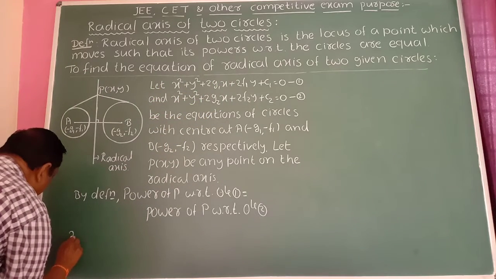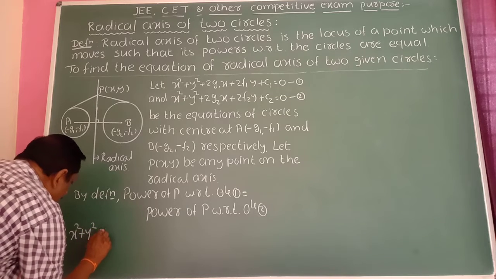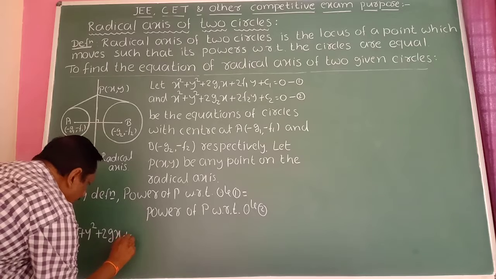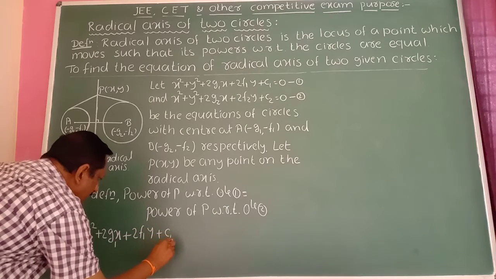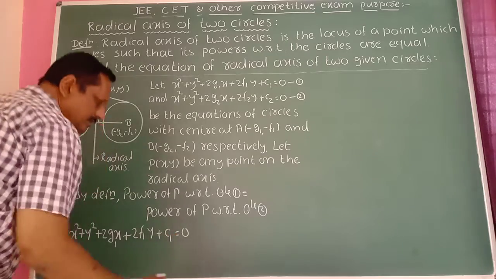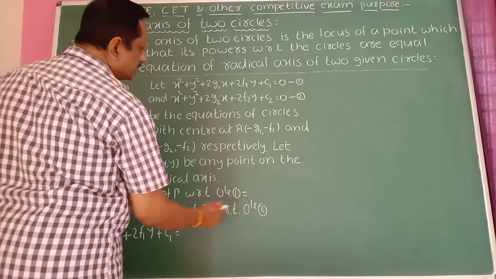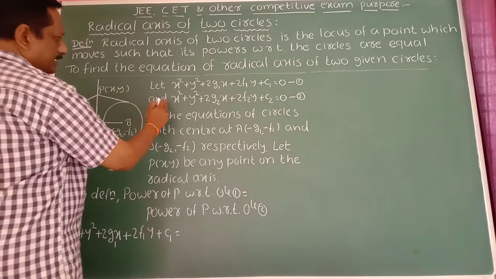So x square plus y square plus 2g1x plus 2f1y plus c1 is equal to the power of the point P with respect to the second circle, means replace x by x and y by y, write the same equation.